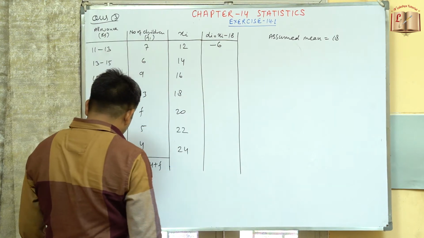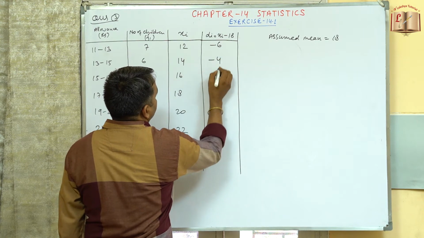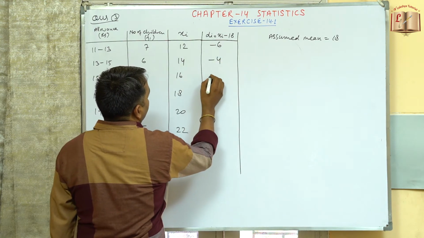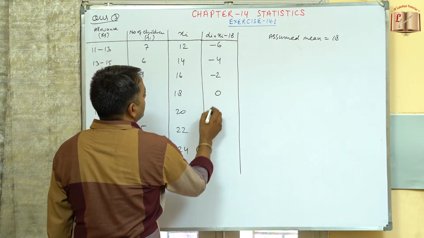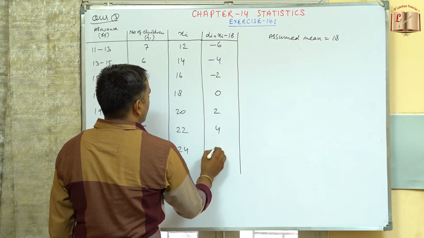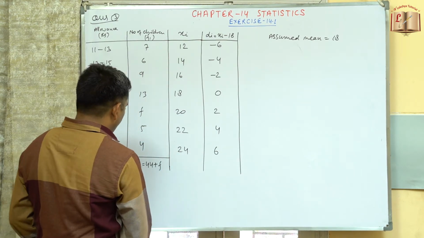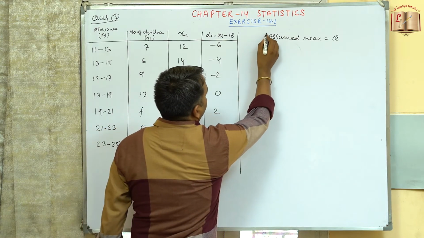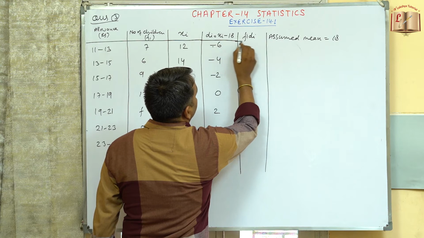So first case we got minus 6. Next case 18 minus 14 will be minus 4. So it is coming at an interval of 2 also. So next one will be minus 2. Then it will be 0. Then this will be 2, 4 and 6. So this is what we got. Now we can calculate the fi di. So fi into di.